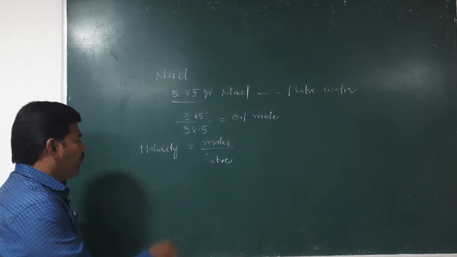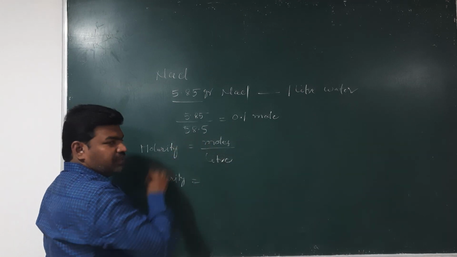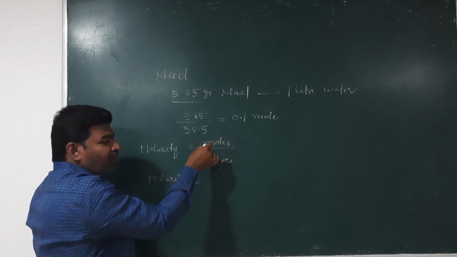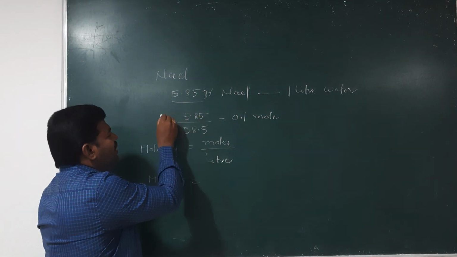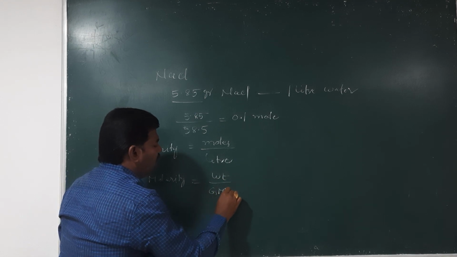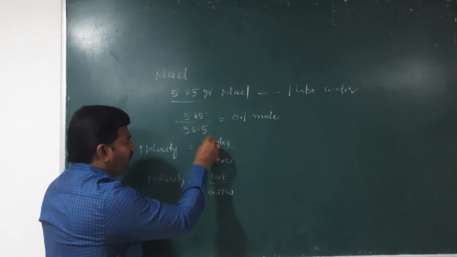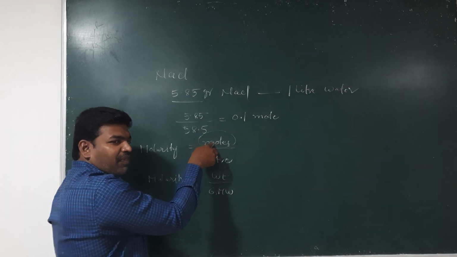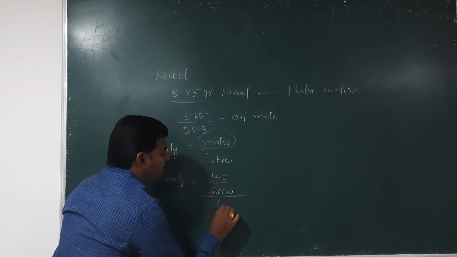Molarity is equal to moles per liter. We know mole. How can we write mole? Weight by gram molecular weight. We can calculate the number of moles by using the ratio weight by gram molecular weight, divided by liter.